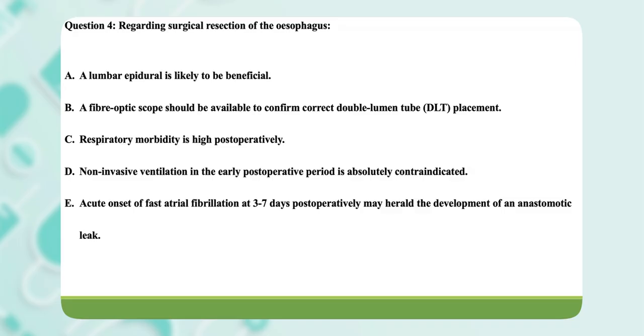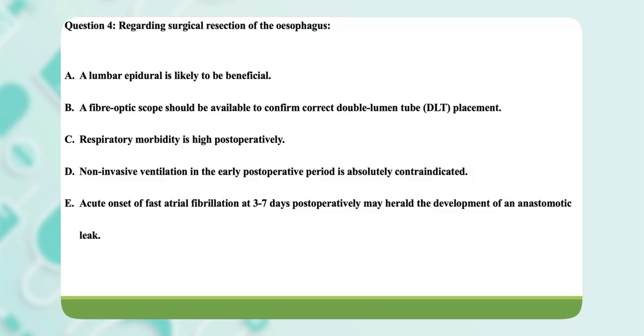But it has been well proved that no such thing happens. So nowadays you can use BiPAP or CPAP postoperatively, especially in esophageal surgery, but you have to keep the IPAP moderate or lower.